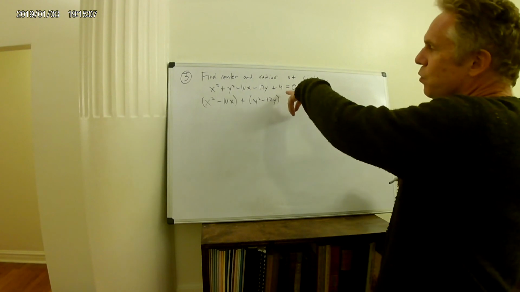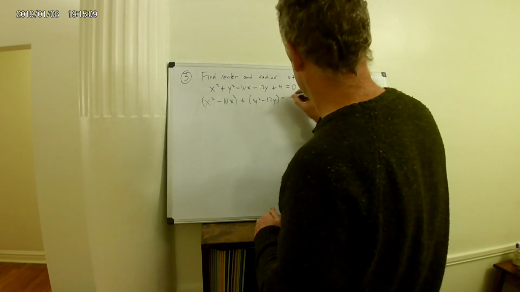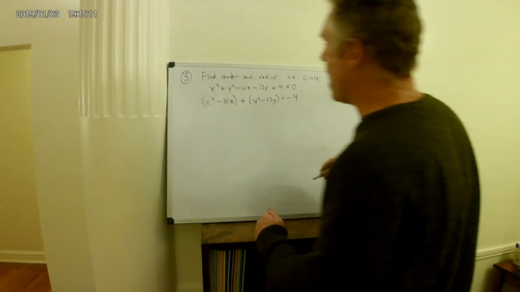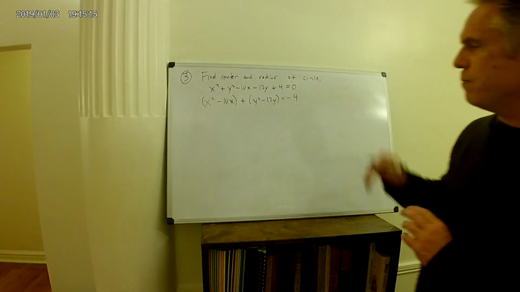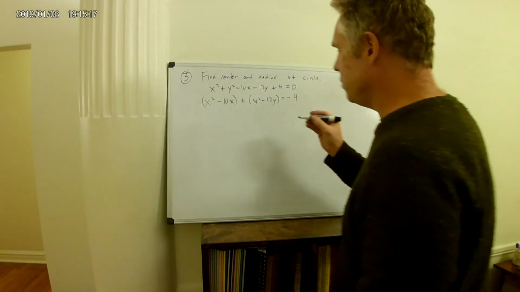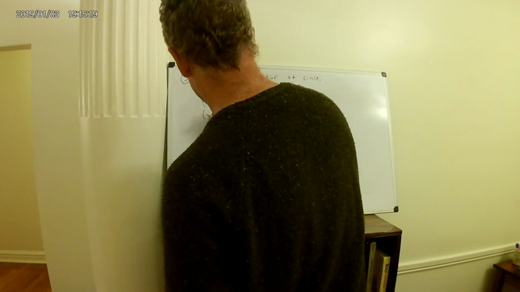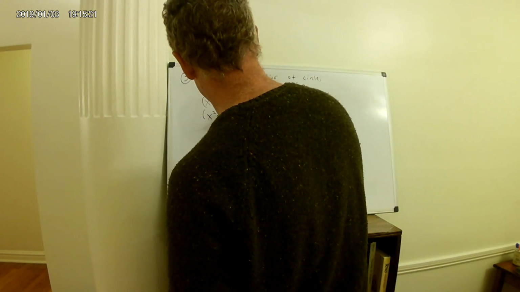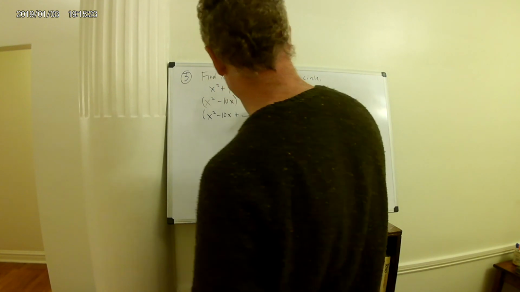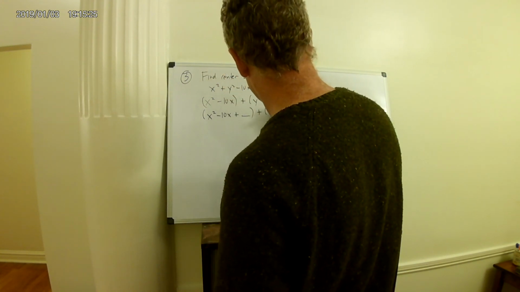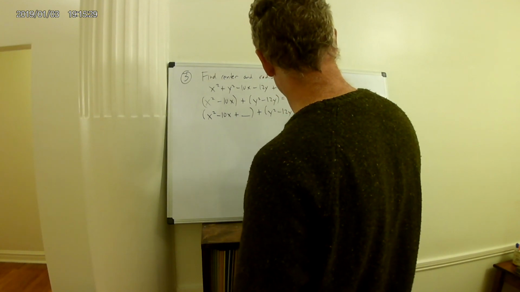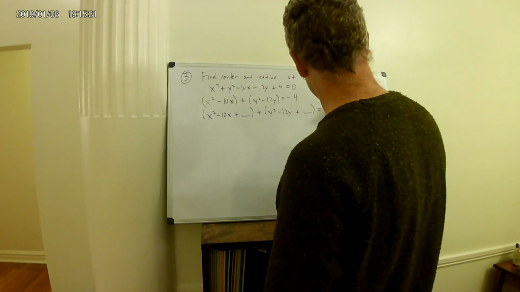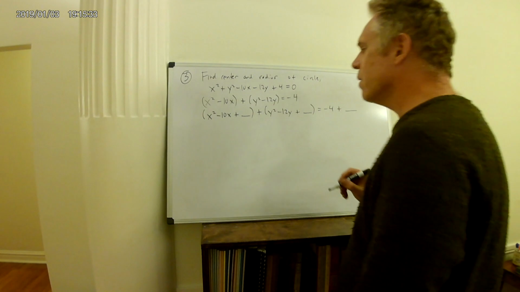Then I'm going to move this 4 to the other side, so I get minus 4. You might wonder why I'm doing this. There's a method to the madness here. Then I'm going to write this as x squared minus 10x plus something, plus y squared minus 12y plus something, equals minus 4 plus something.